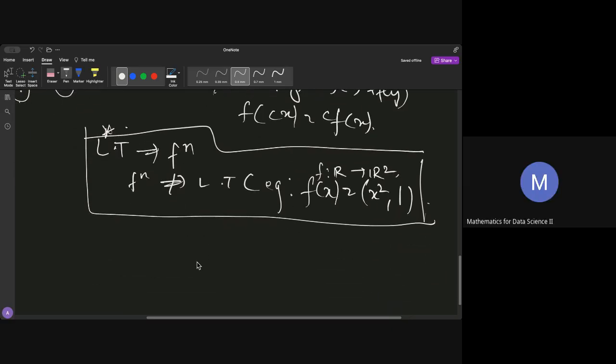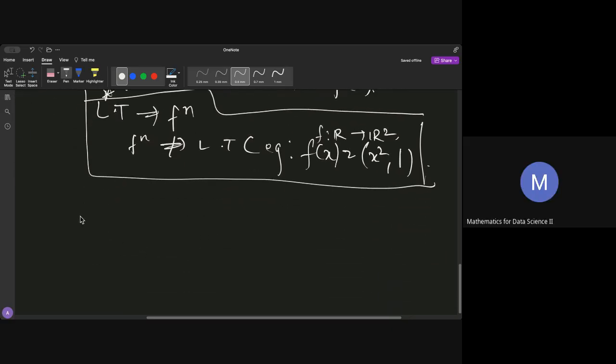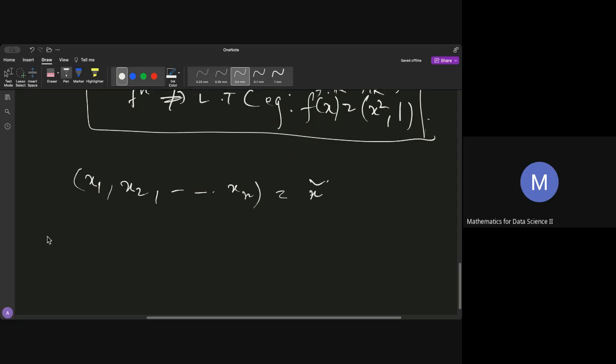Then we'll see some examples. In our syllabus we'll be dealing with vectors, so instead of writing the entire thing, we'll just denote it like this, x tilde. Let's have some examples.